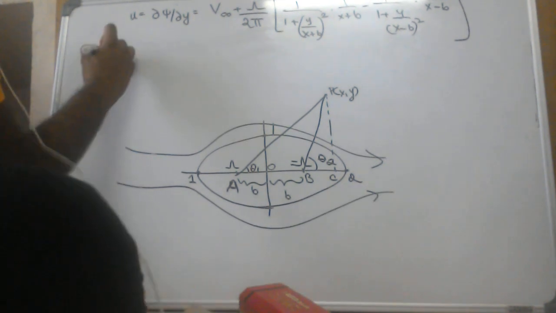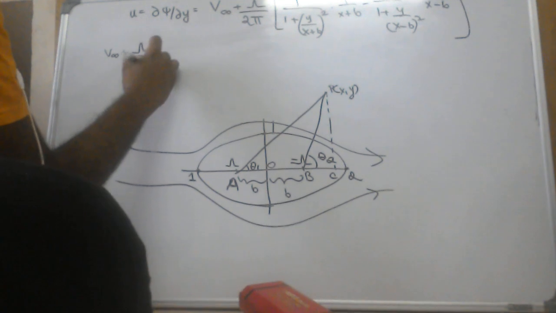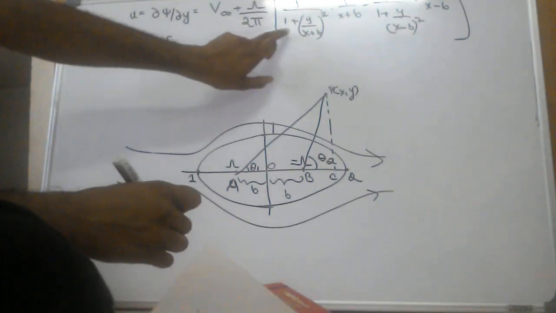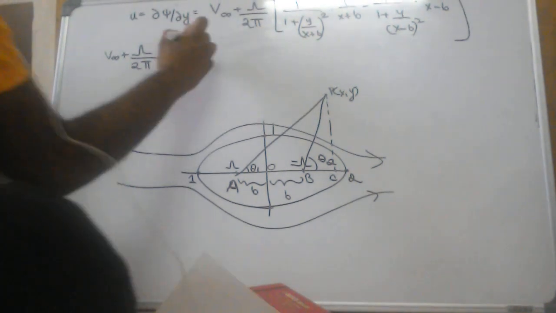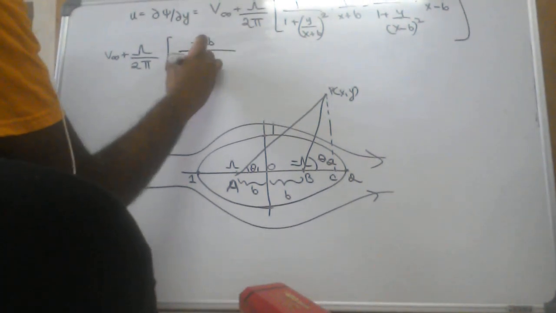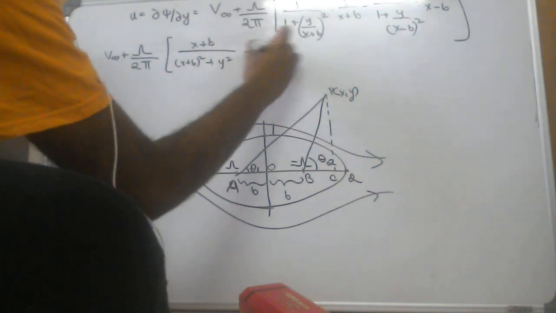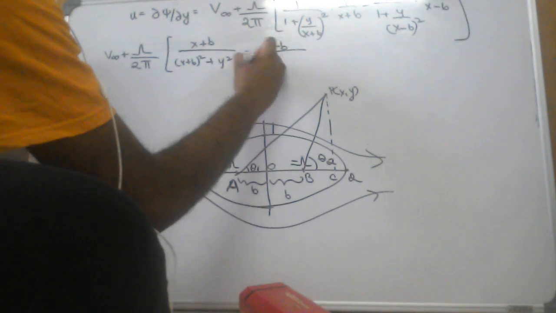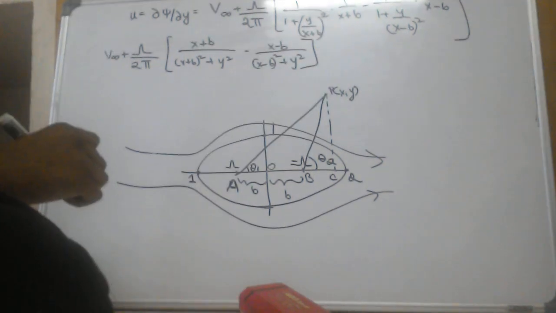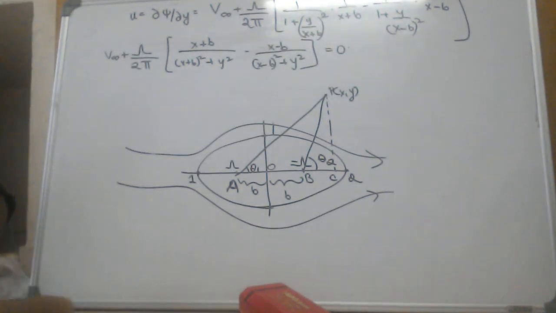So I need to find V∞ + (λ/2π) into, I can simplify this, I can take the LCM, and what I would be left with is (x+b)/((x+b)²+y²) − (x−b)/((x−b)²+y²), right? So this is equal to 0 because we are looking for the stagnation point.